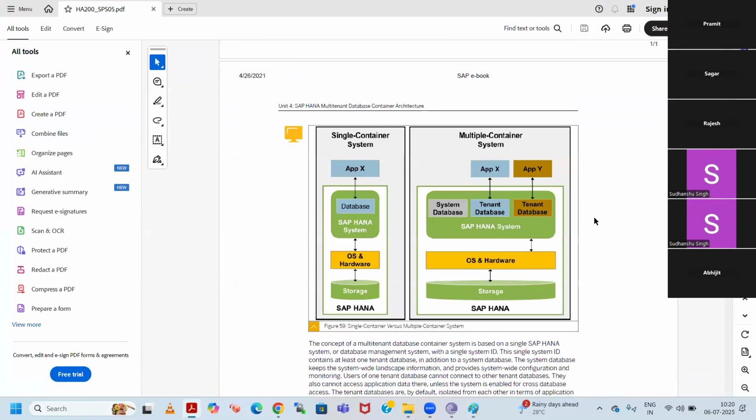Okay, so now Rajesh, you can see the diagram in front of your screen. If you want, you can take 1 minute and explain to me what this diagram is telling, what information this diagram is giving you. Everybody can take their 1 minute and then tell me what this diagram is telling.